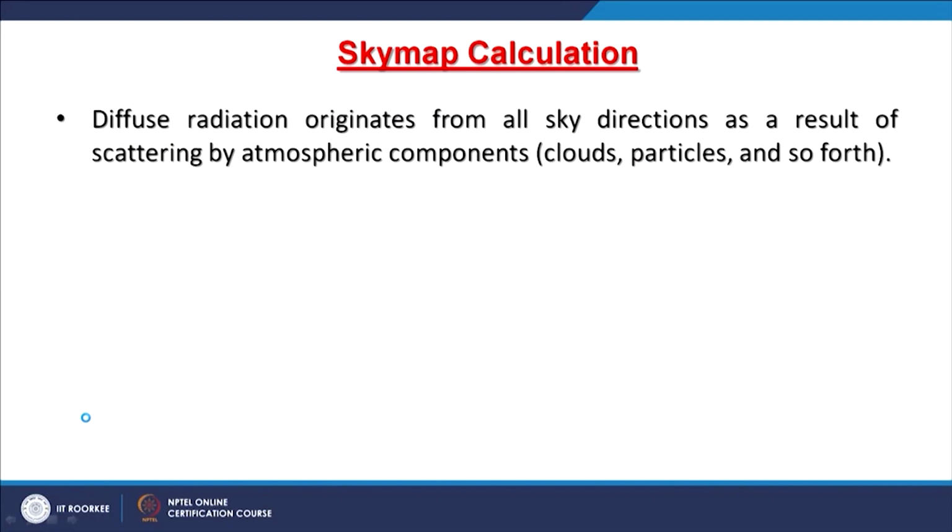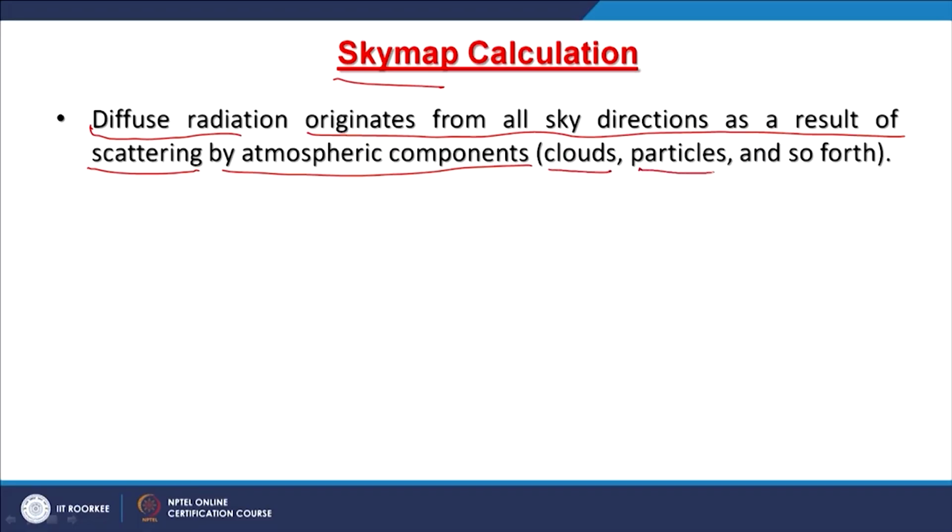Hindrance is not yet there, that will also come. Now this sky map is the same term which is used in GNSS technology or GPS, that is, how much sky is open. This diffuse radiation originates from all sky directions as a result of scattering by the atmospheric components. And these components I have already discussed, like clouds, dust particles, gases or other particles.